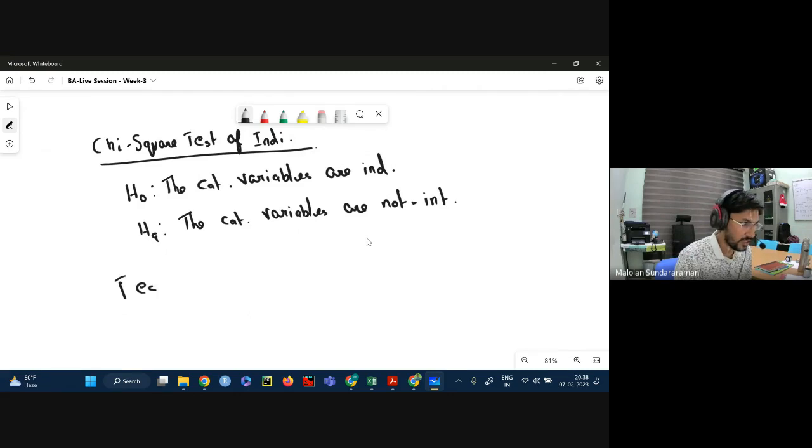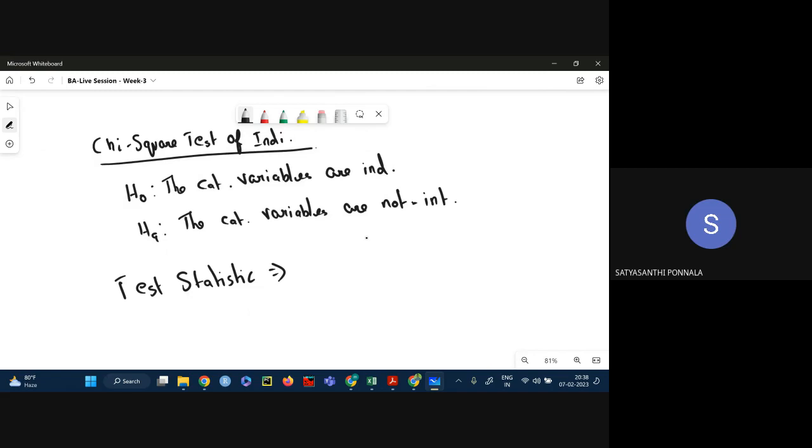Our test statistic is what? Since the name implies chi-square, our test statistic is going to be the sum over all of (observed frequency minus expected frequency) whole squared, divided by expected frequency.